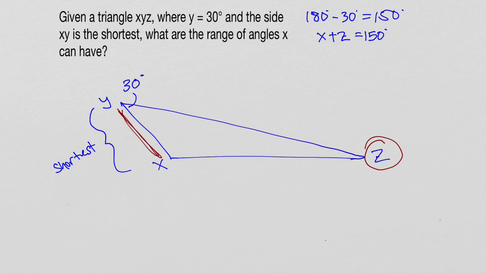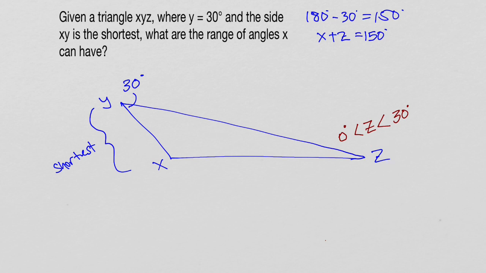If XY is the shortest, then Z must be the smallest, and if it's the smallest, then it is less than 30 degrees, strictly speaking, and it can't be 0, so it's going to be larger than 0 but less than 30. Y is fixed at 30, and the side XY is the shortest, so Z has to be the smallest angle, so it has to be less than that fixed angle.